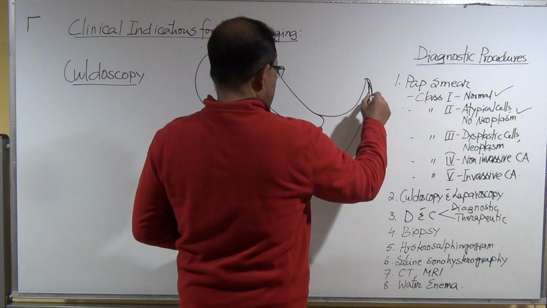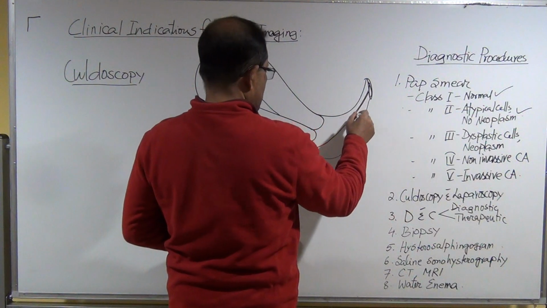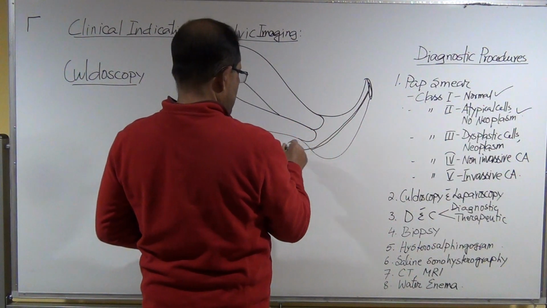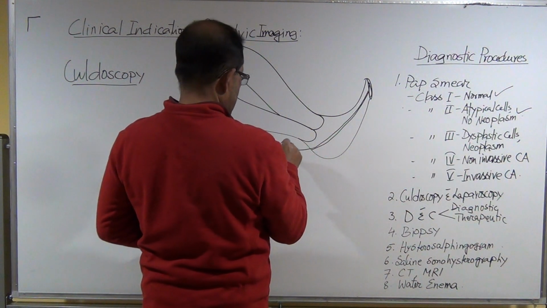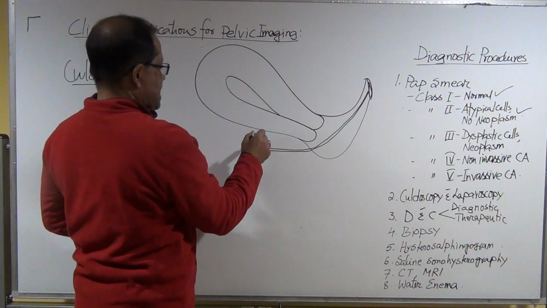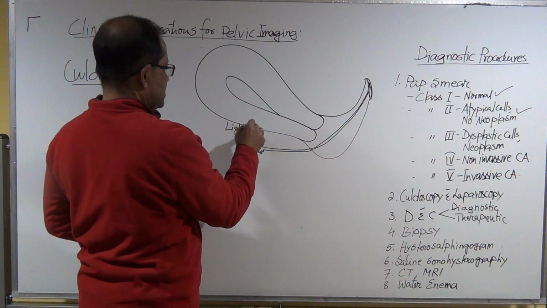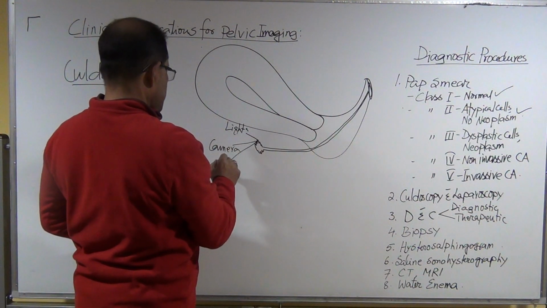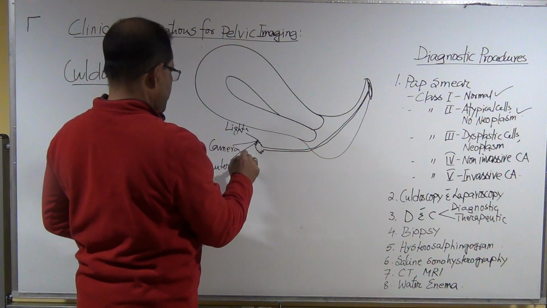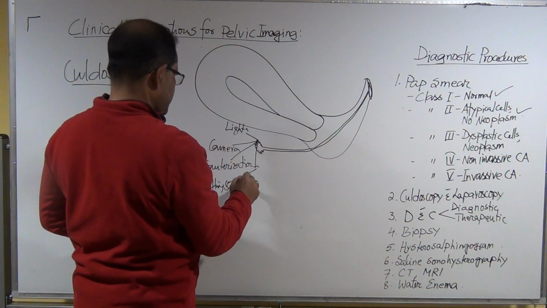They will insert the instrument through here, and this is the tip, and that has lights, then camera, cauterization, then cutting scissor, etc.